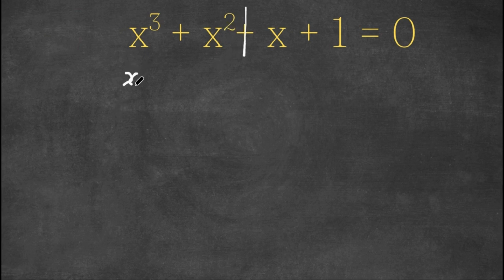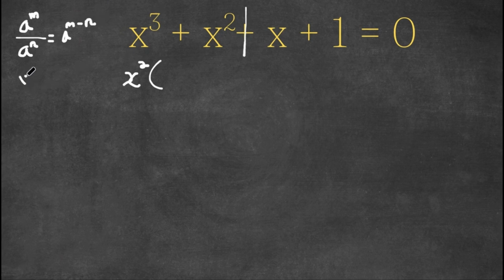So if we factor out x squared from x to the power of 3 plus x squared, well, x to the power of 3 divided by x squared, what is that? Well, if we have a to the power of m over a to the power of n, this is equal to a to the power of m minus n.